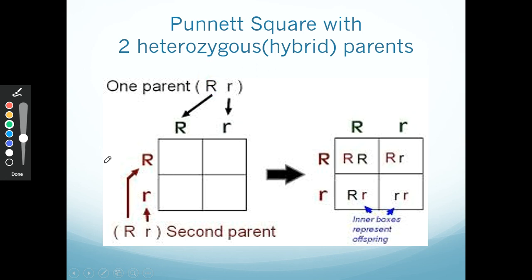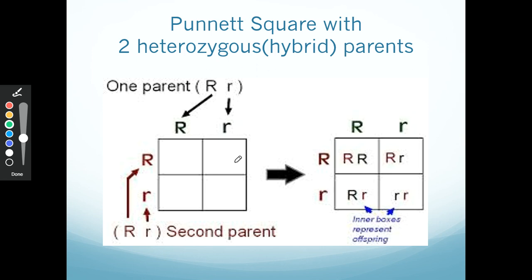Here we have our female on the side, heterozygous also, dominant and recessive form of the allele, and she is also a tongue roller because of that dominant form of the allele.